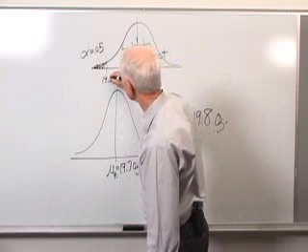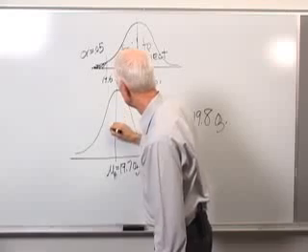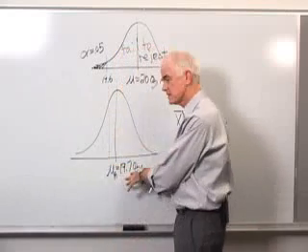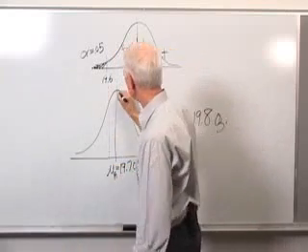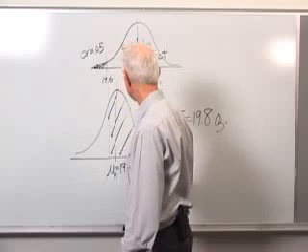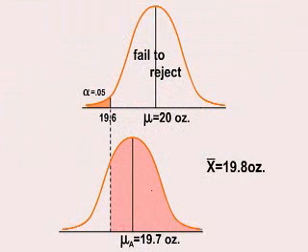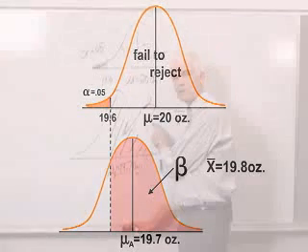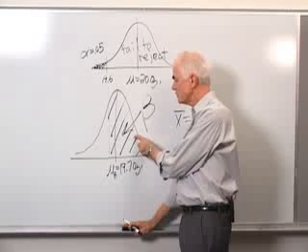If we were to take this critical value and dash it on down into the second distribution and hatch this part of the distribution in, we would discover that all this part of the distribution is part of beta, or the probability that we are committing a type 2 error.